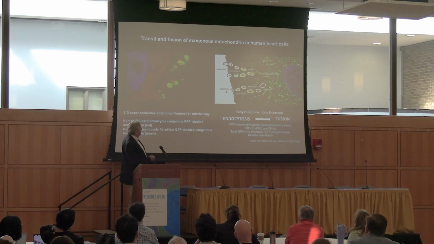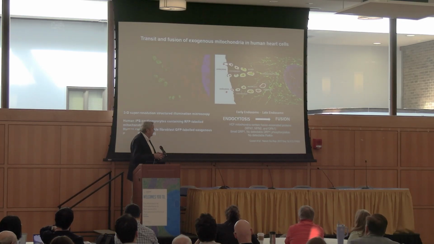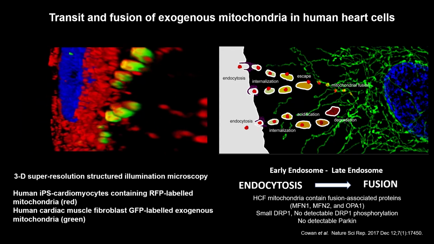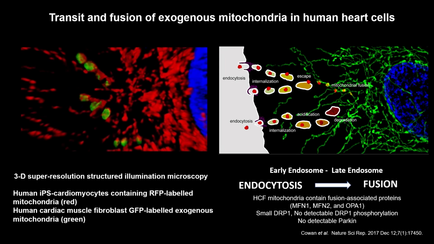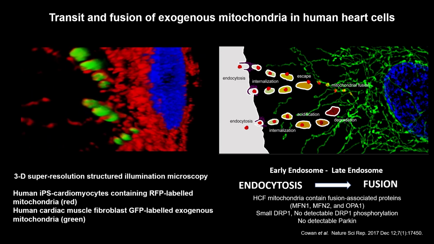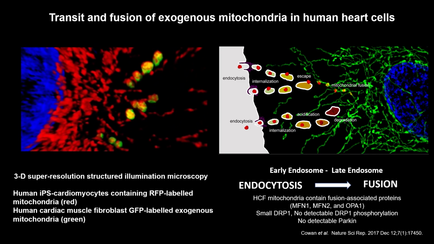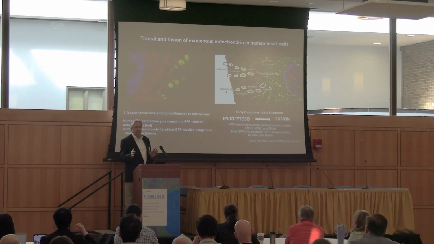So that paper actually showed, you can see the mitochondria that go in, they join with an early endosome, they get released. They go to late endosomes, get released. And then they go off and they fuse. You can see them actually fusing here with the other mitochondria. And they fuse close to the nucleus.